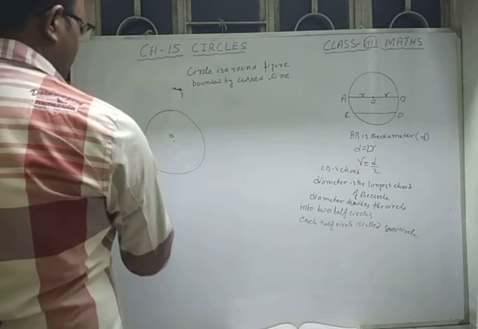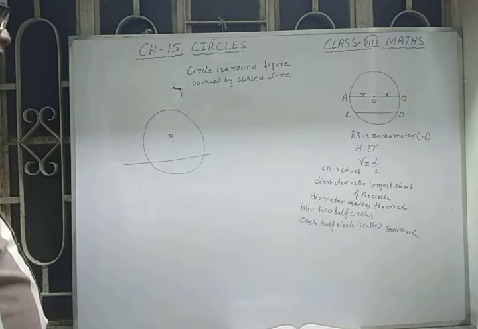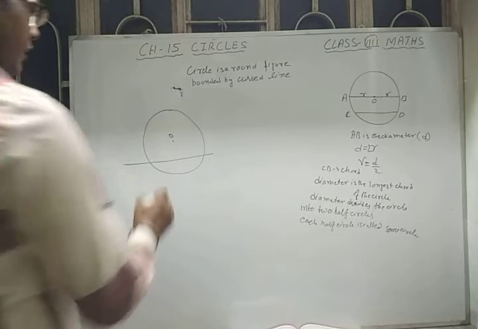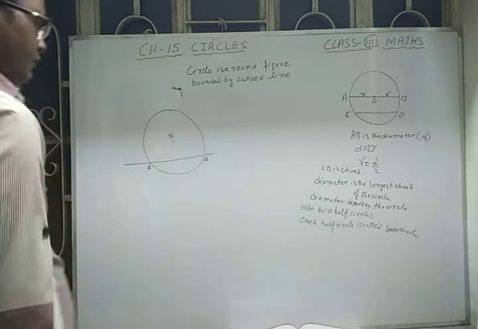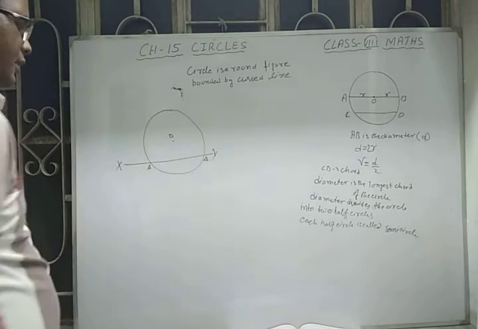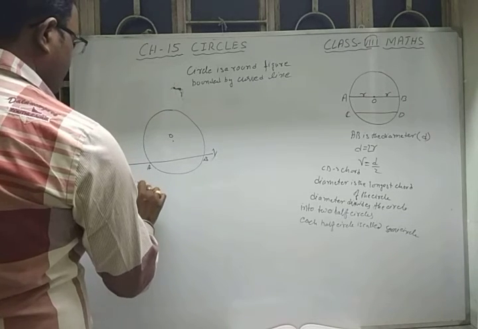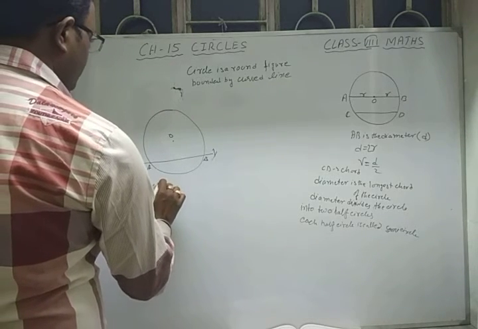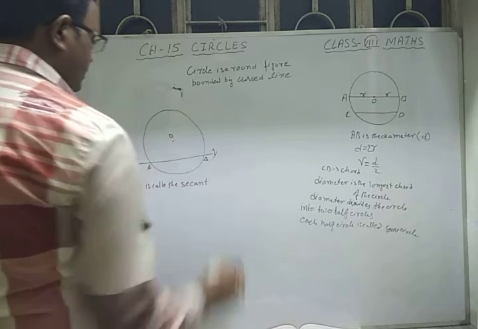This is the center. A line passing through a circle and cutting the circle at two distinct points is called a secant. Here, the line XY cuts the circumference of the circle at two distinct points A and B, so XY is called the secant.